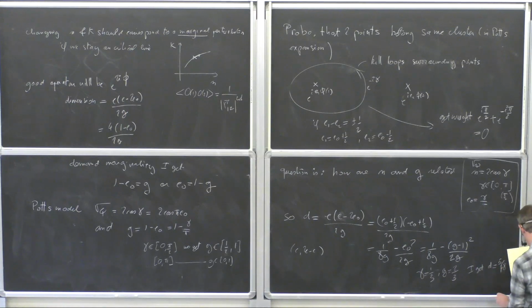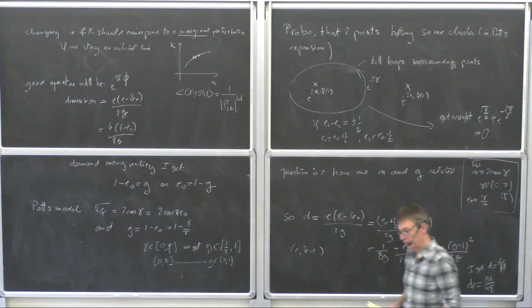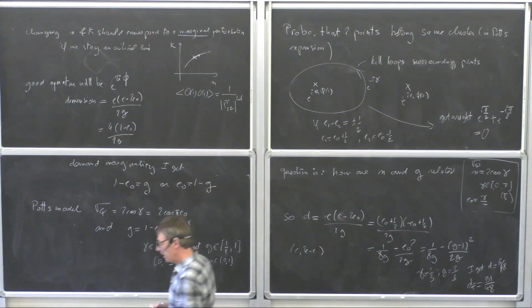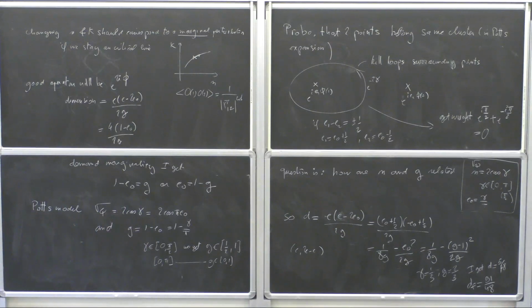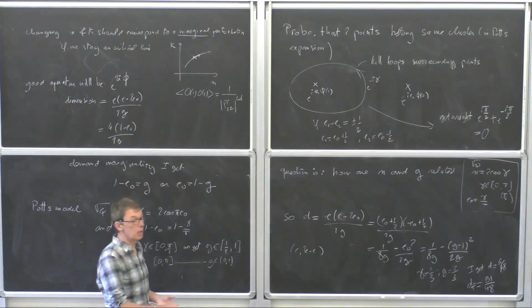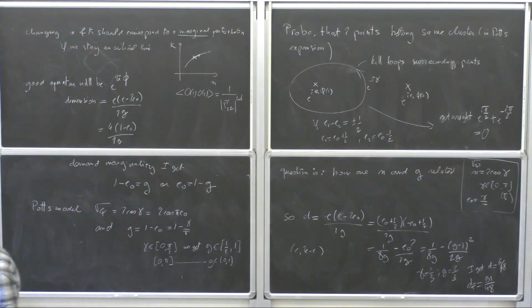Which corresponds to the fractal dimension of the clusters to be 91/48. That's a very famous result, the dimension of the fractal infinite cluster at the percolation point, which coincides with the dimension of Ising spin domains in the high temperature Ising model, and that's one example of critical exponent.